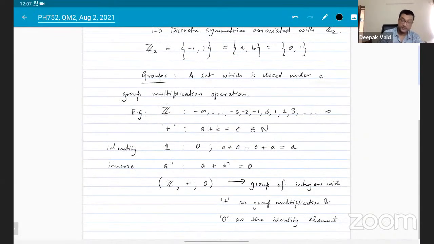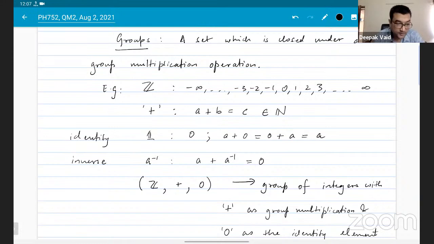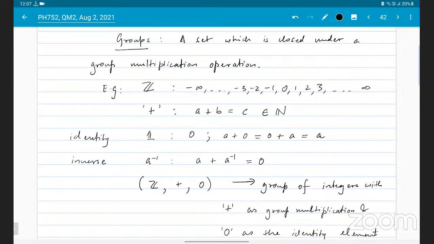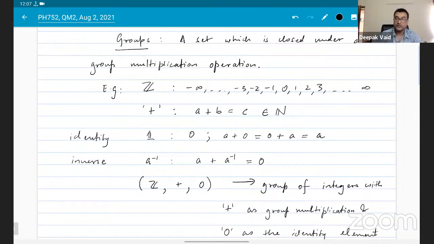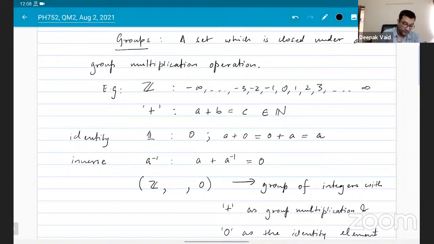So just to clarify, a group is defined also by the operation under which it is closed. Yes. The operation needs to be defined. You need to specify which operation you're talking about.